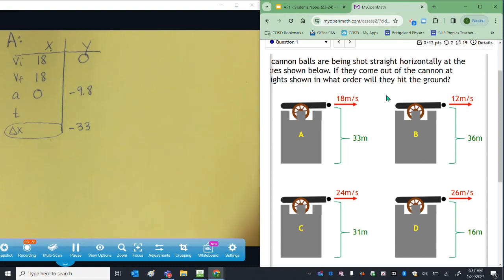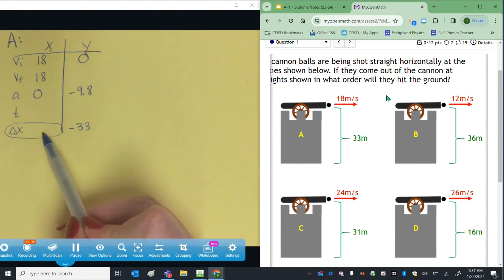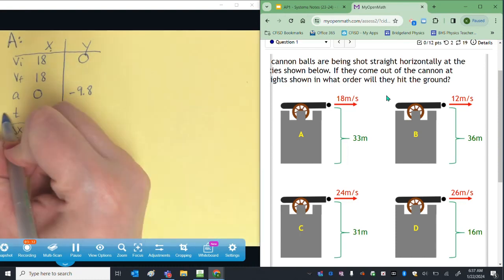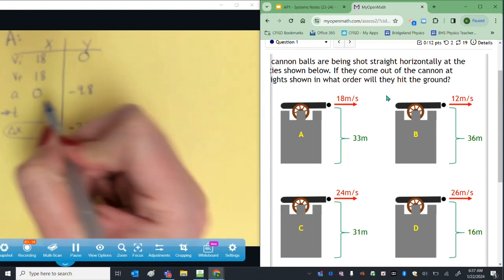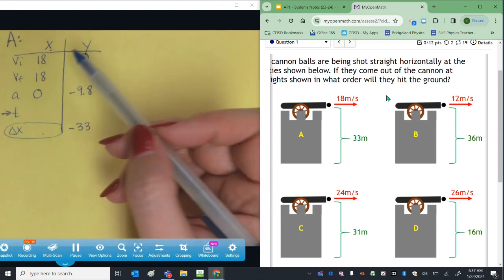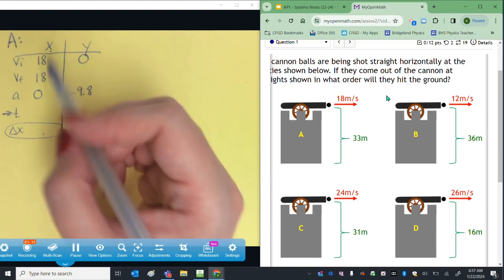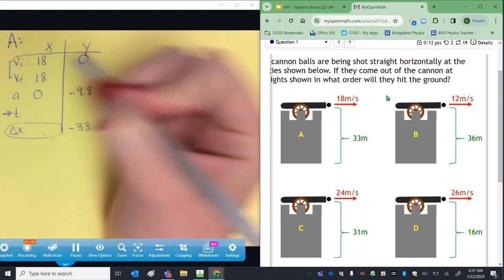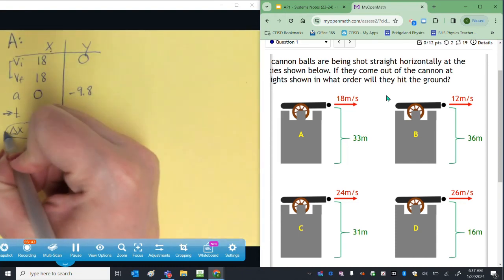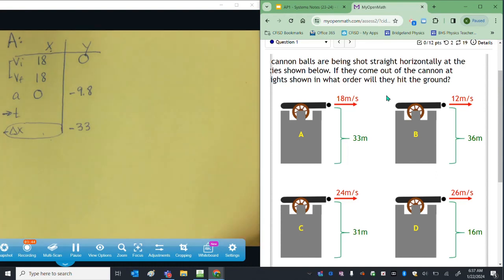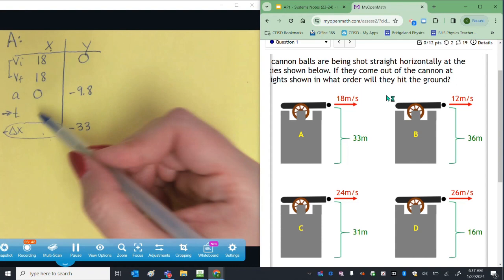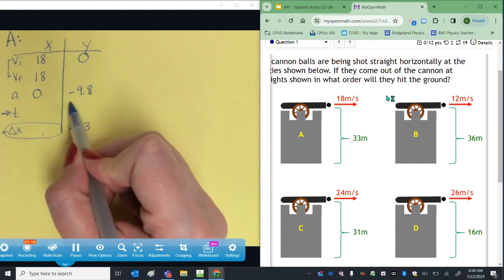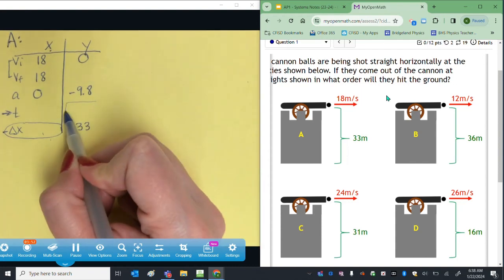In order for me to actually solve for the range, I have to get the time first. I can't do any solutions with my data in the x direction unless I know 2 of 3 things. I have to know velocity, displacement, and time, 2 of the 3. Right now I only know 1 of those 3, so I need to find time first, and we're going to do that using the vertical data instead of the horizontal data.